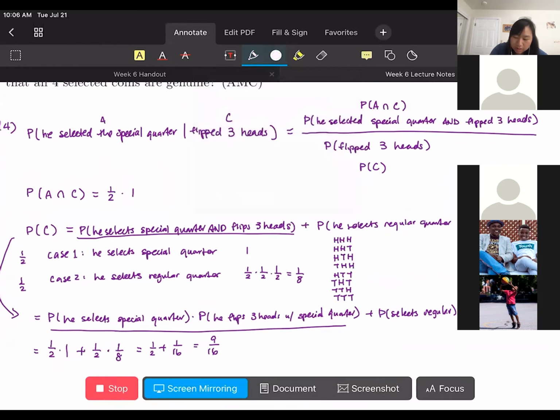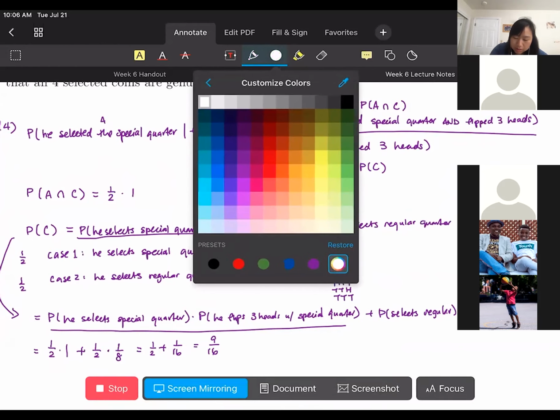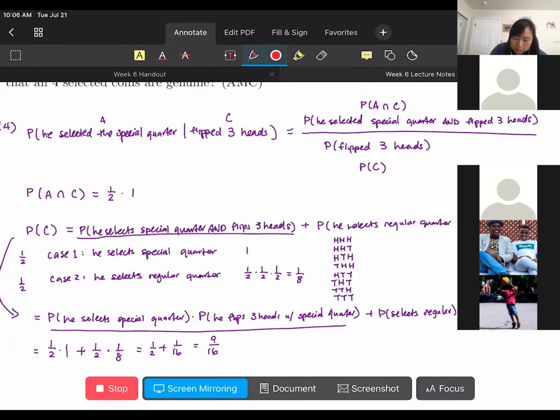So if we use the special quarter, let me use this color, then the probability that I get 3 heads is 1 because I can only flip heads. And then there's no way for me to flip tails. So the probability that I get any of these others is 0. So it still sums to 1.